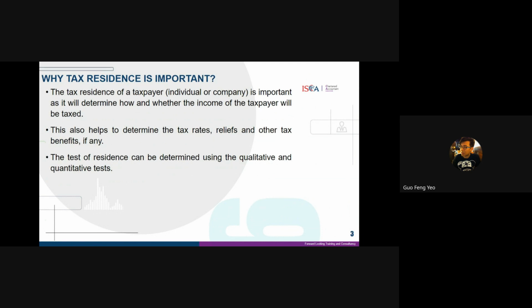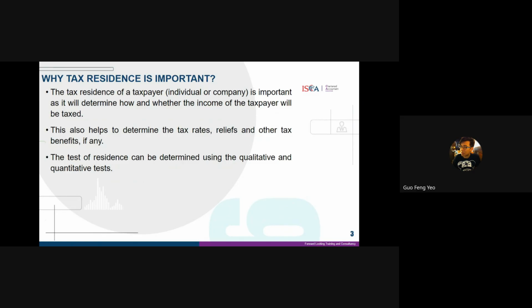Why is tax residency important? Before we start, you need to understand that the only reason why tax residency is important for the purpose of the module is that it will affect whether or not you are subject to a flat rate or a progressive tax rate.